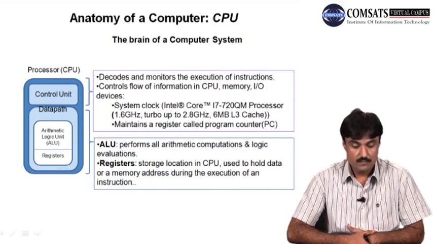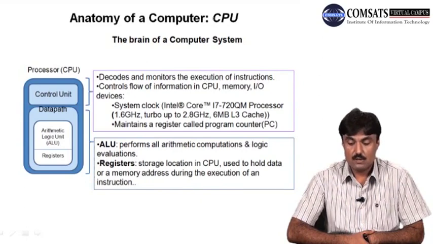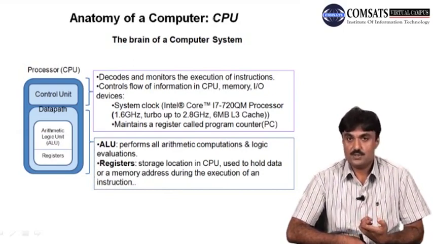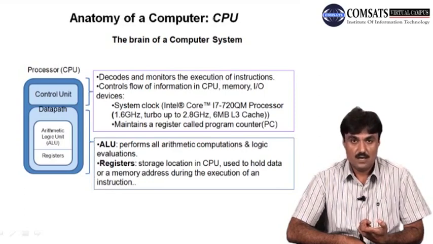The next part is the arithmetic logic unit and registers. The arithmetic logic unit performs all the arithmetic computations and logic evaluations, or logical operations. These registers are storage locations inside the CPU. They are very small, like 32-bit or 16-bit storage locations.